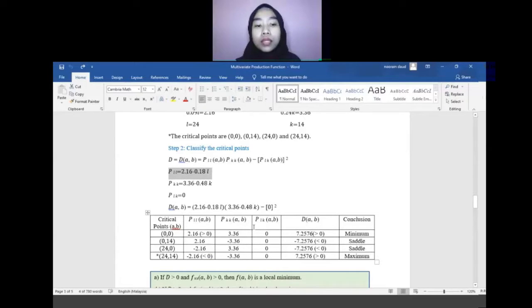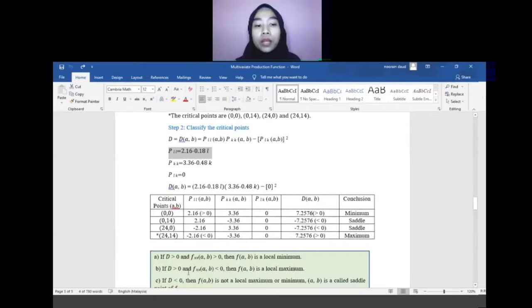When we enter this into the equation of D, we get 7.2576, which is also more than 0. So from the definition of A, if D is more than 0 and f_xx is more than 0, the function is a local minimum. Therefore, critical point (0, 0) is a local minimum.